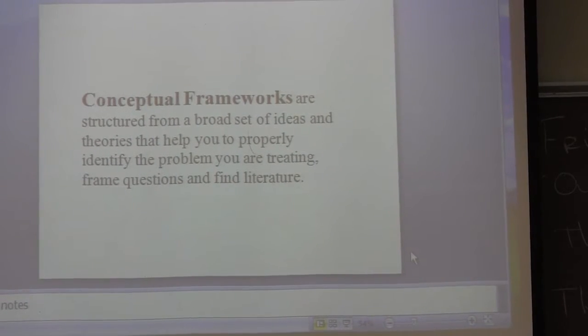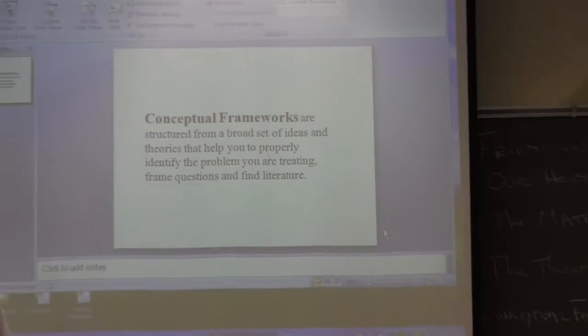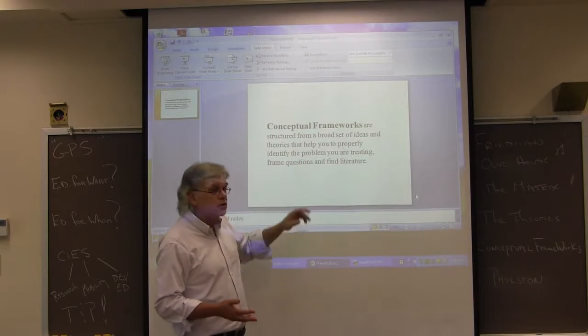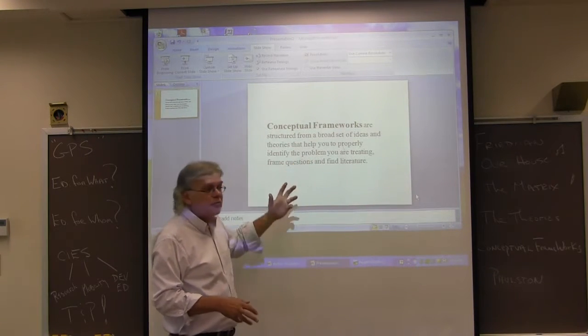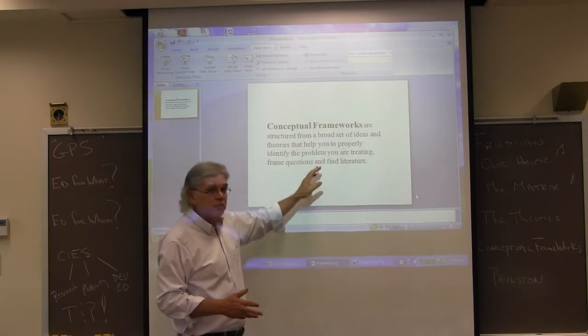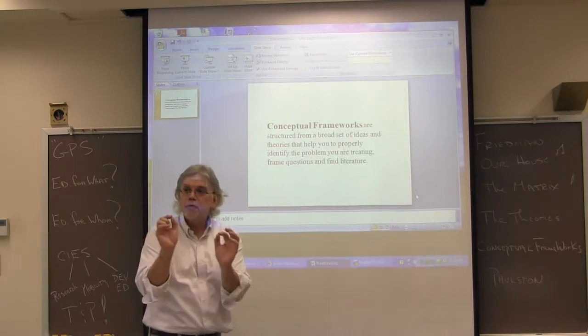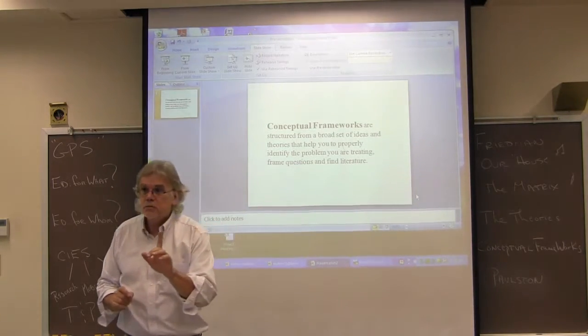So, if you're doing South Africa, technology, rural areas, urban areas, and you're identifying as a structural functionalist, you're showing the differences. As a conflict theorist, you're talking about the problem being that there's no access here, it becomes an access issue, and you start framing your questions differently. And you start finding literature.